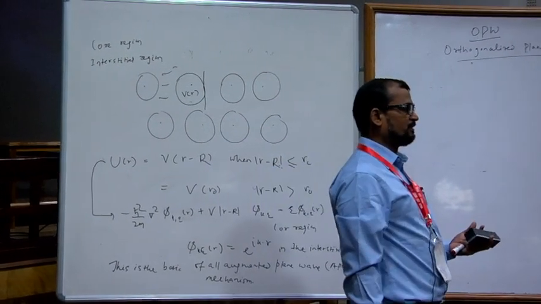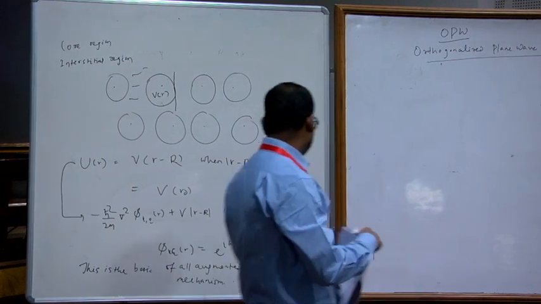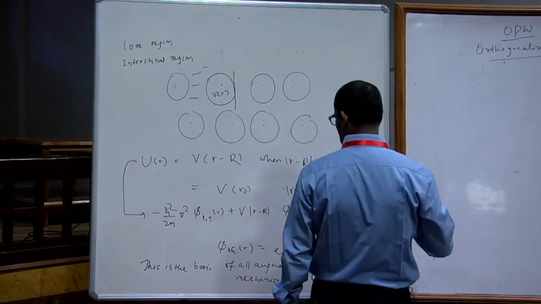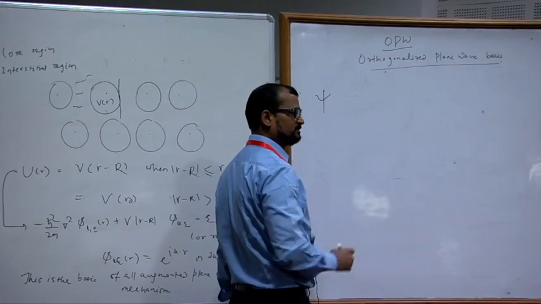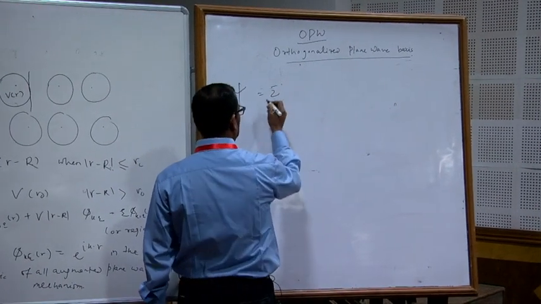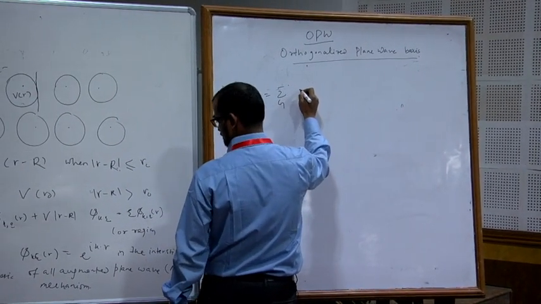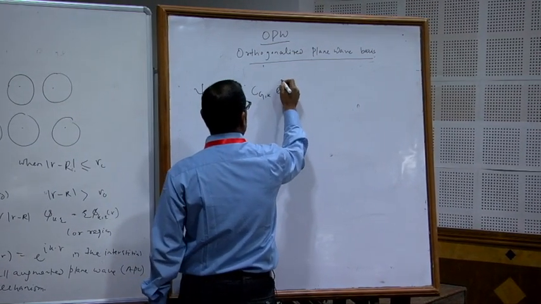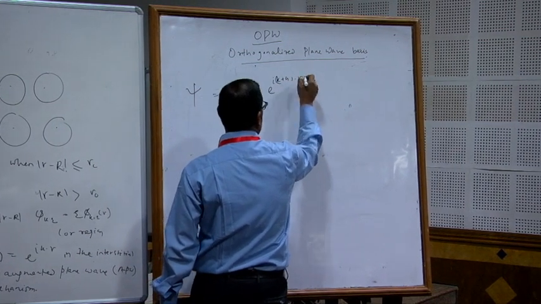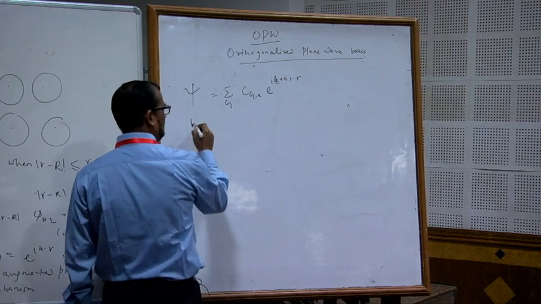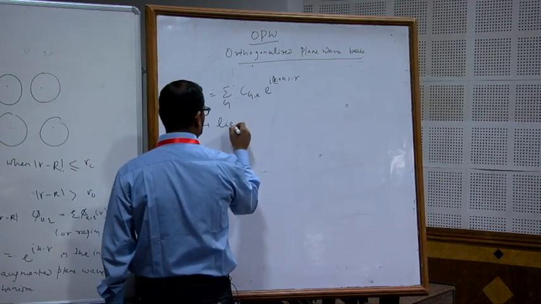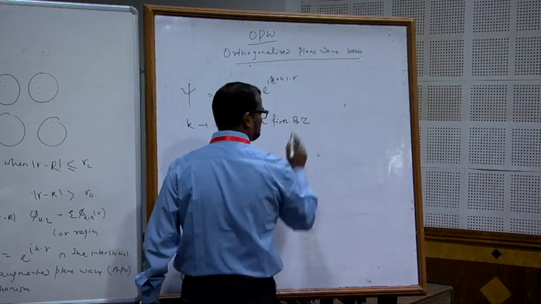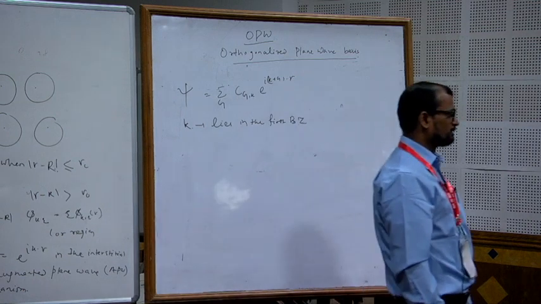Rather, if you have done Basic Condensed Matter 1, you define a new wave function which is the expansion of some coefficient C_{k,G} e to the power i(k+G) dot r, where your k lies in the first Brillouin zone. Okay, this will solve the crystal Schrodinger equation.